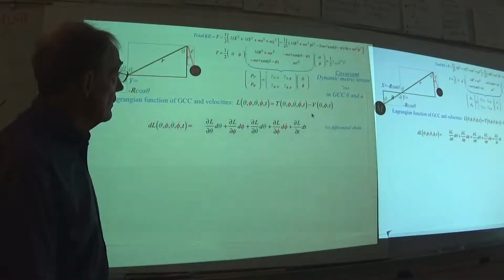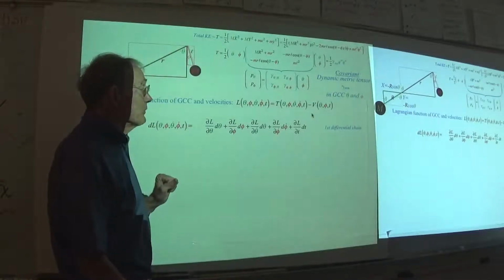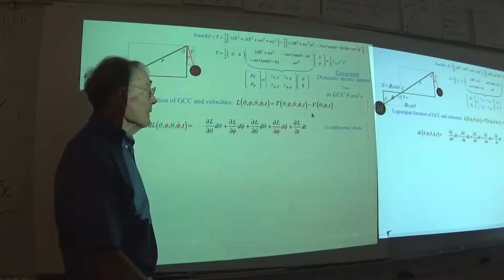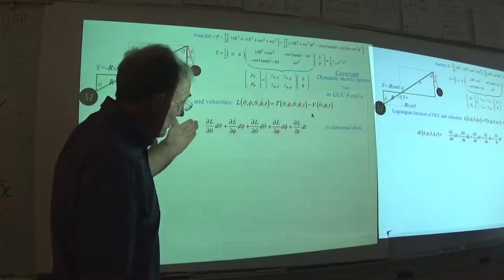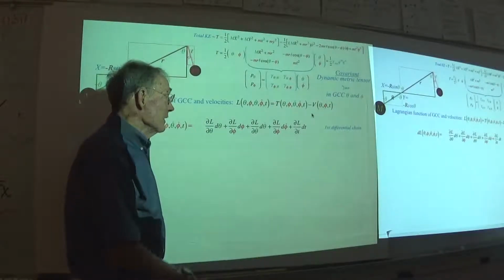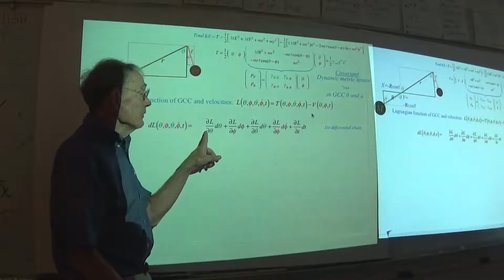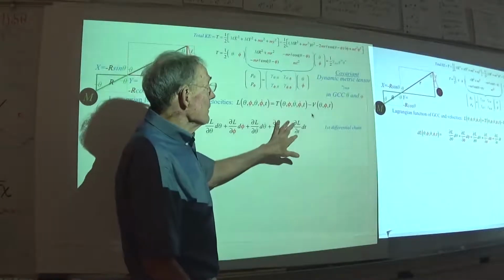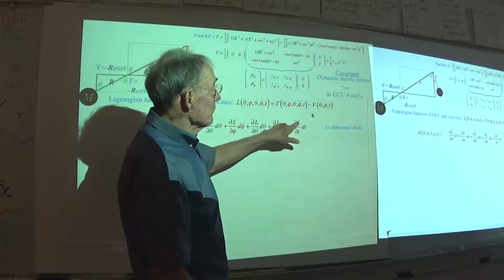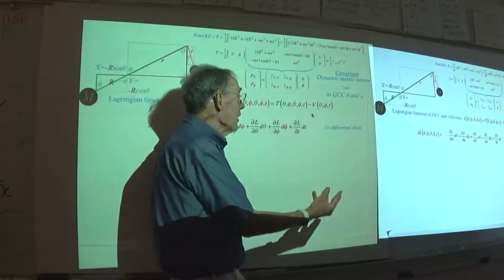So the idea here is that when you have a total differential of the Lagrangian, and remember it's kinetic minus the potential, we'll end up with a Hamiltonian that is the kinetic plus the potential, but that takes a little bit of doing. Here is the differential chain, including the possibility that the Lagrangian would have an external time dependence.